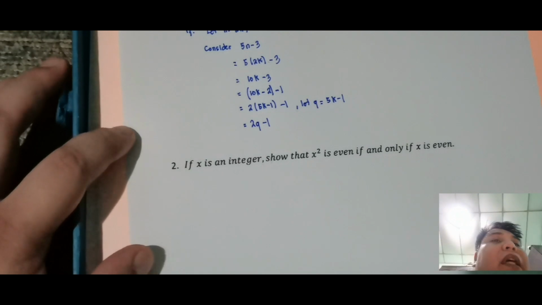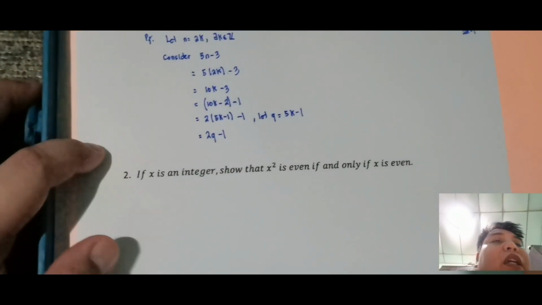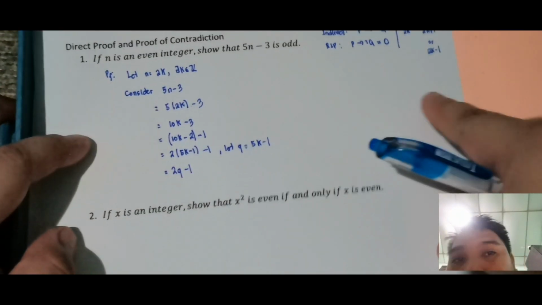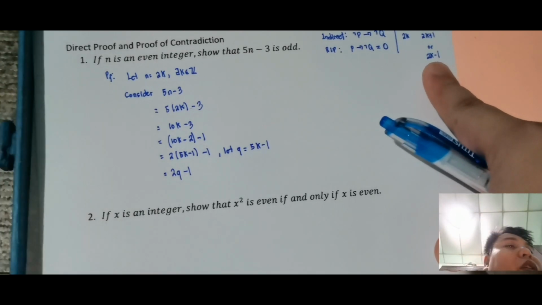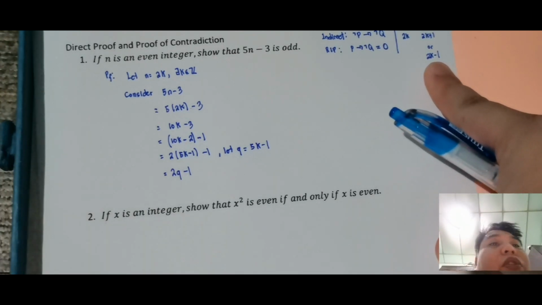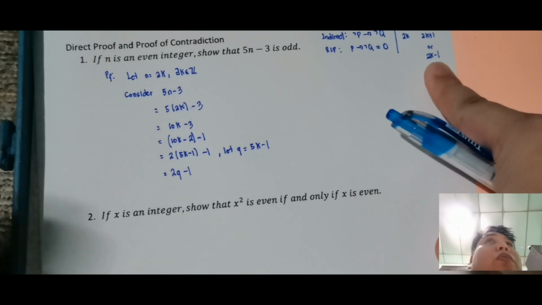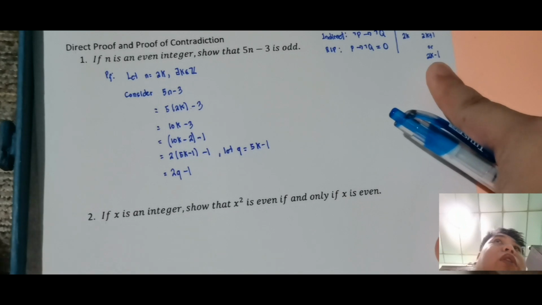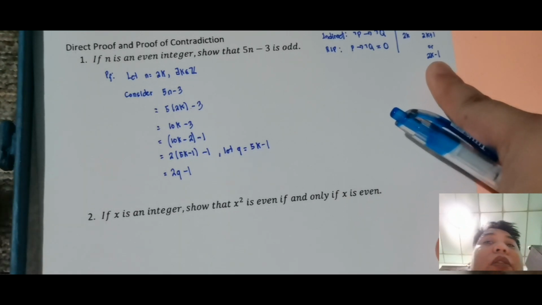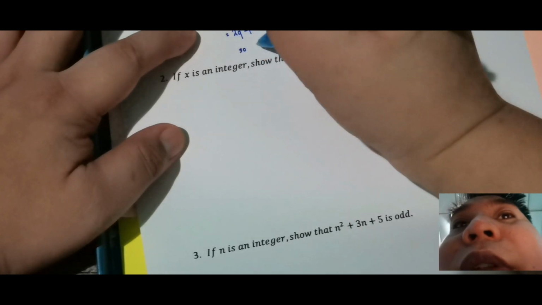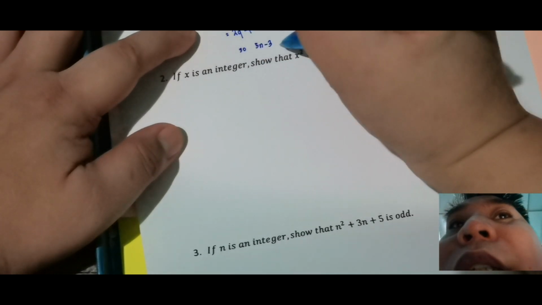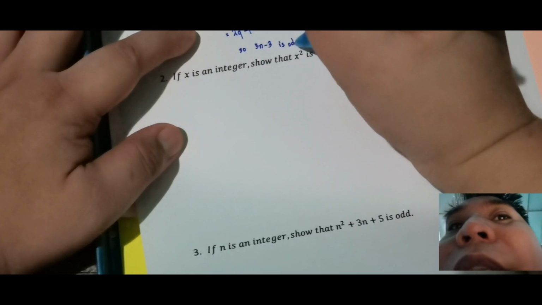Sir, bakit ka nag-let ng q = 5k - 1? Kasi ang goal, kailangan maging katulad siya ng structure na 2k - 1. Hindi ko naman laging sinasabing k. So, si 2q - 1 is also a form of odd. Tama? 2q - 1, 2k - 1, 2m - 1, odd yun lahat. So, therefore, 5n - 3 is odd.